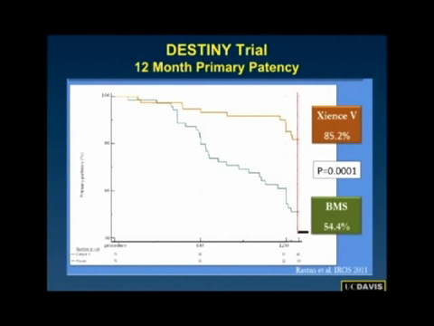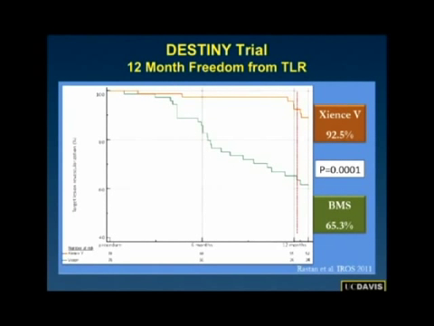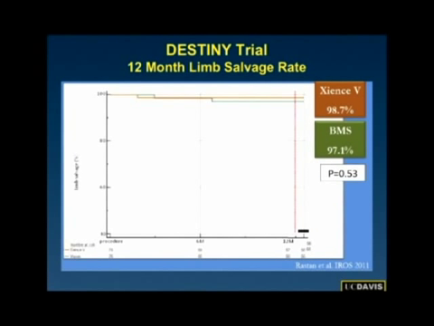Not unsurprisingly, the drug-eluting stent resulted in better primary patency at a year. It resulted in less need for reintervention on that lesion, but didn't really result in any clinical difference in terms of limb salvage rate. 98.7% versus 97%, non-significant p-value. So clearly, we do a good job of reducing neointimal formation, but no difference in clinical outcome.